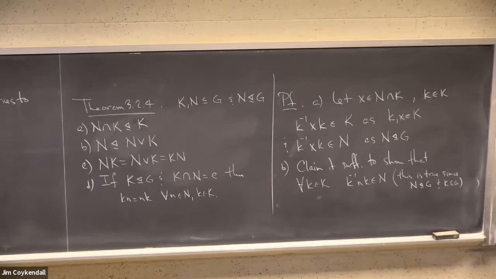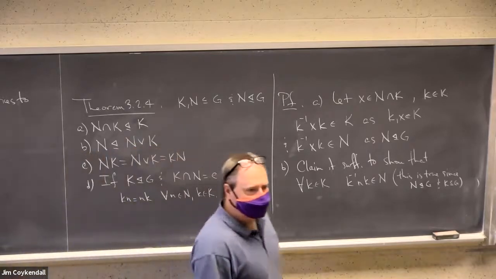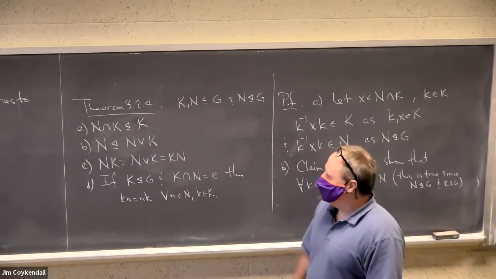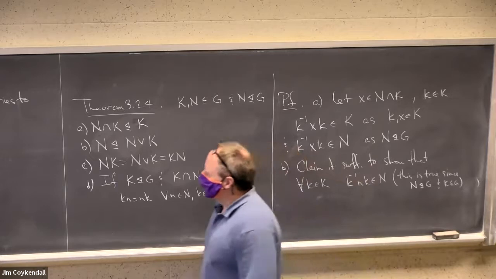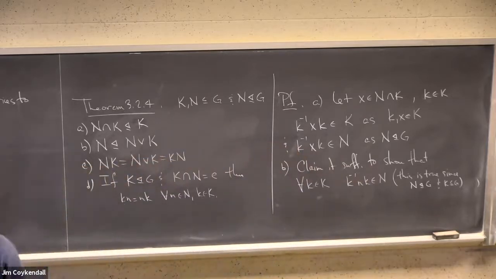Oh dear, what can I do? So my goal is, you guys perhaps see what I'm going to do, I'm trying to do the subgroup criterion. So here I have something in NK, something else in NK. I need to show this times the inverse is still in NK.